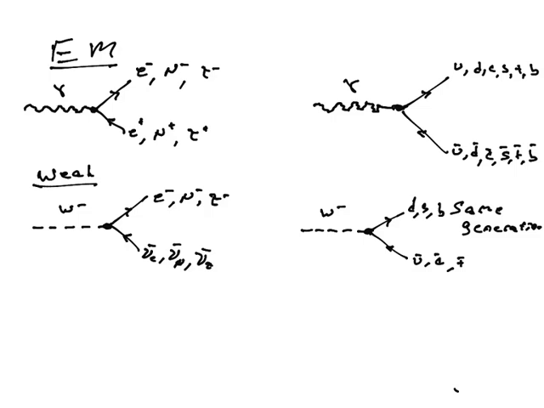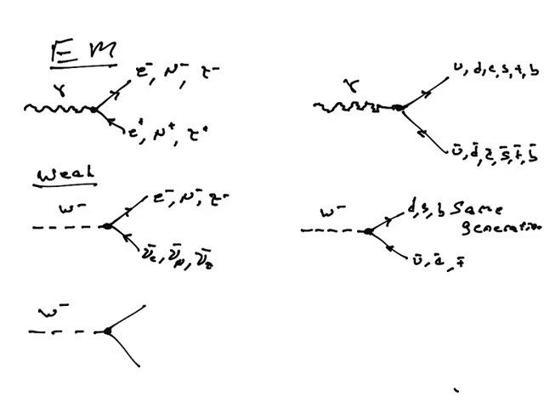Right, so flavor, or quark mixing, but staying in the same generation. So down to up, but with an anti because of the way these are arranged, and conserving charge and all of that. So that's the favored one. This is the most likely. But you could also have cross generation.